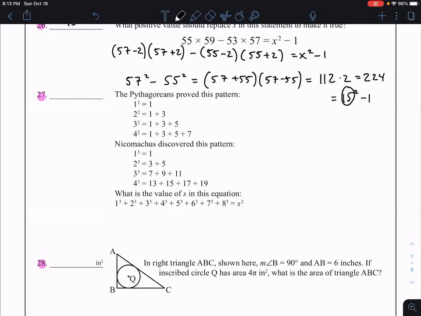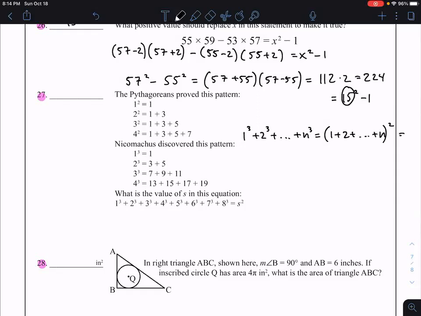So the relationship is that 1 cubed plus 2 cubed plus all the way up to n cubed is equal to, and this first part comes from Nicomachus, 1 plus 2 plus 3, dot, dot, dot, all the way up to n, squared.